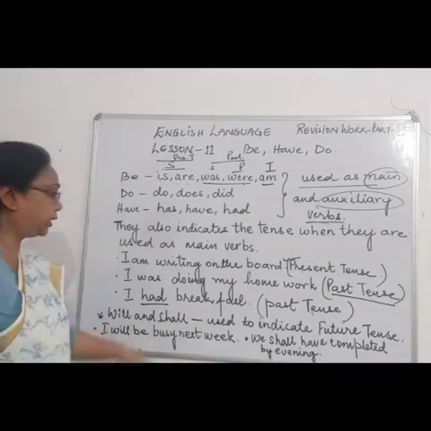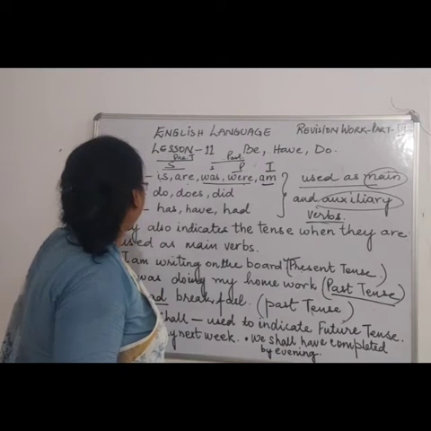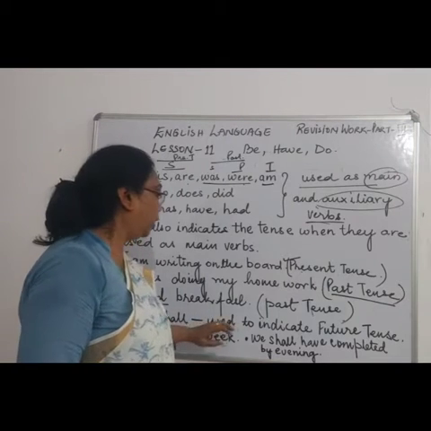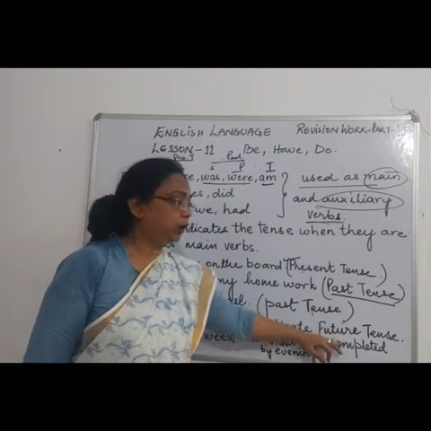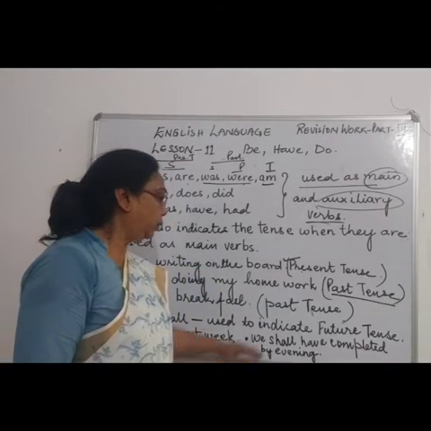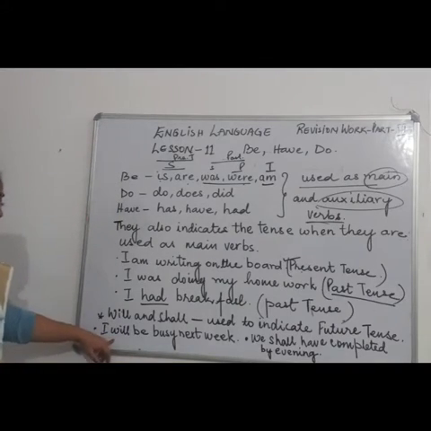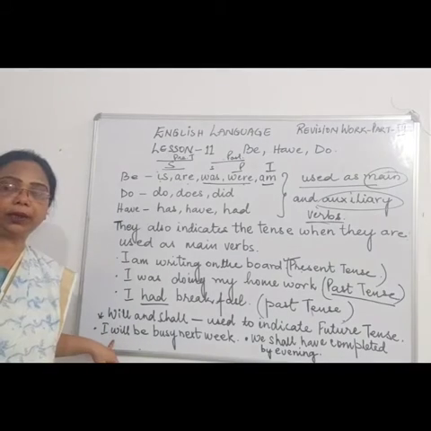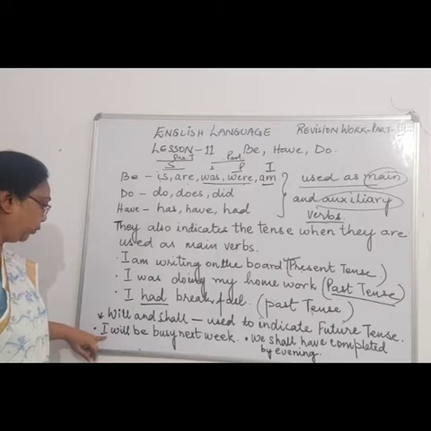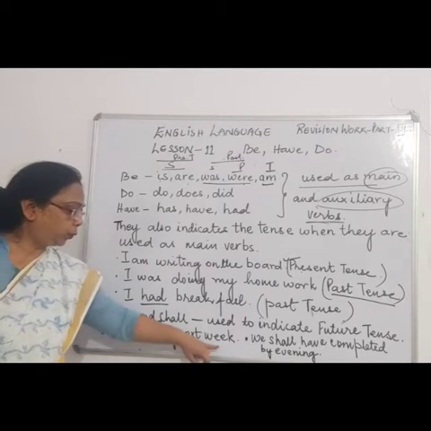Now will and shall are generally used with be, do and have to indicate future tense. Right? Will and shall are used to indicate future tense. Two examples over here. It is very small, I know, but try to understand. I will be busy next week.